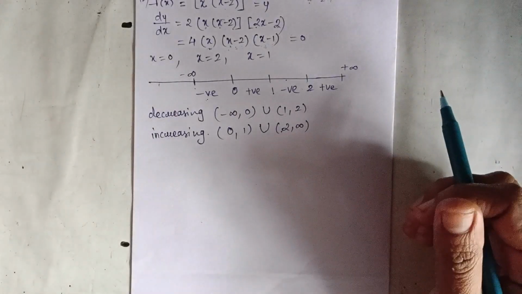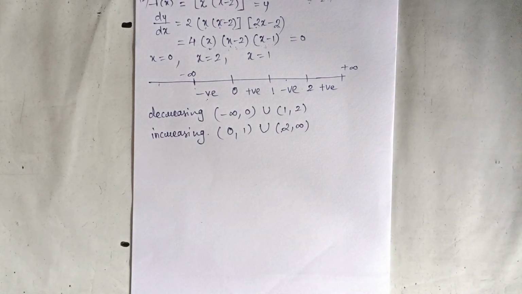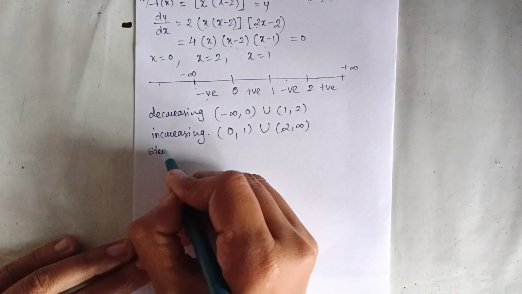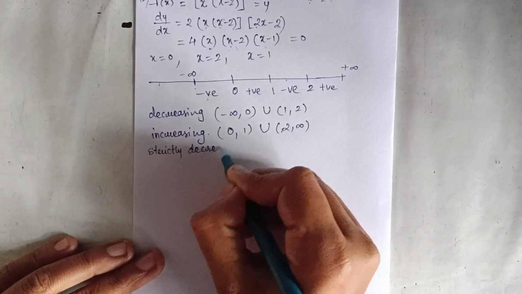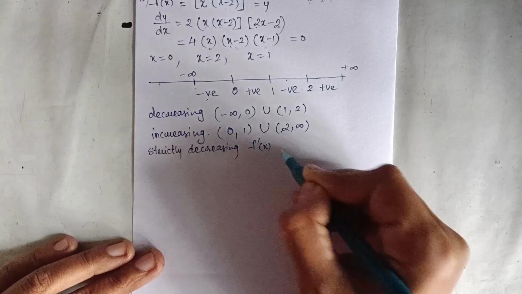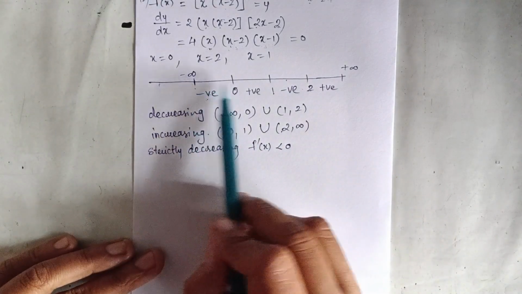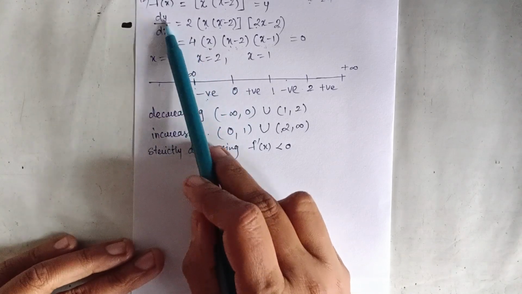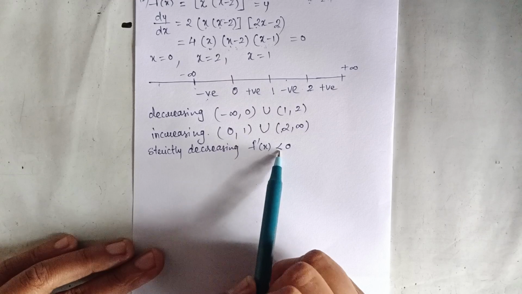So here we have to find strictly decreasing and strictly increasing, right? So strictly decreasing means what? When your f dash of x is less than 0. When we put values from minus infinity to 0 in f dash of x, that is dy by dx, we get answer less than 0.